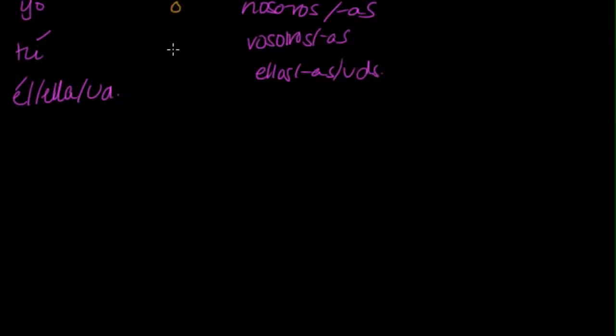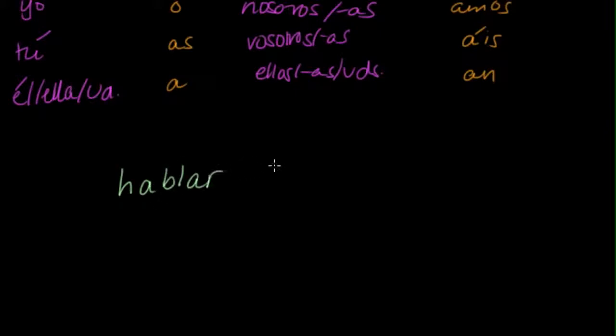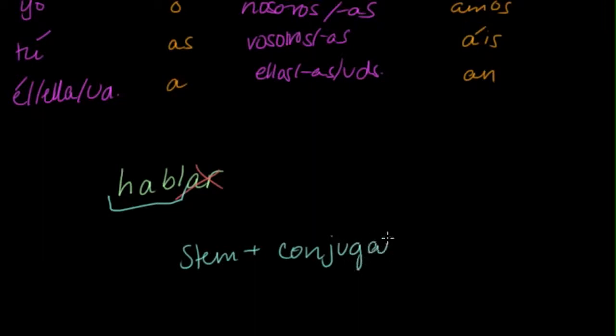And we have our endings, o, as, a, amos, áis, and an. And our verb, hablar. So again, first thing we want to do, drop that infinitive ending. So we're left with just our stem. And we're going to add our stem to our conjugation endings to equal the final form of the verb.